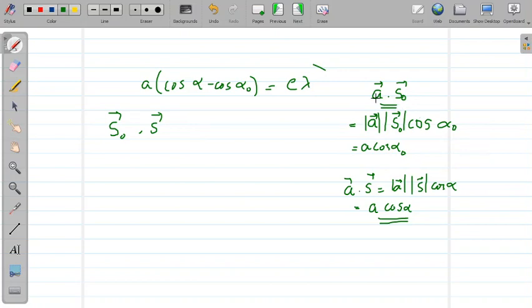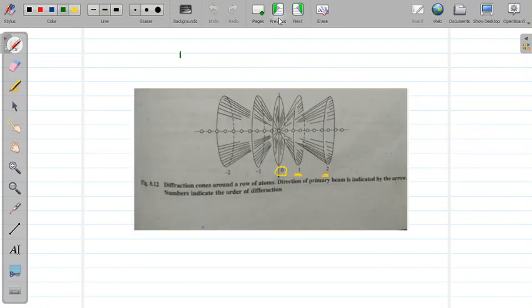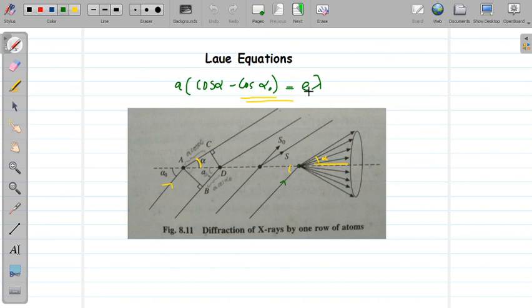You can see S0 bar and S bar are unit vectors in the direction of the incident beam and diffracted beam. S0 bar is in the direction of the incident beam, and S bar is the unit vector along the direction of the diffracted beam.